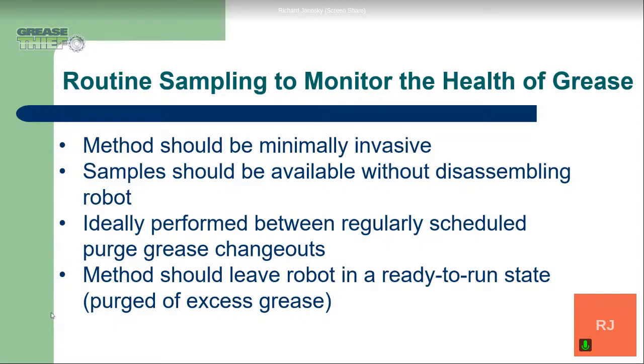It can be very, very hard, and as we mentioned in the step before, opening it up could introduce something that wasn't there before. Ideally, the sampling would be performed before the regularly scheduled maintenance of purging or changing out the grease, to assess which joints actually need that maintenance.